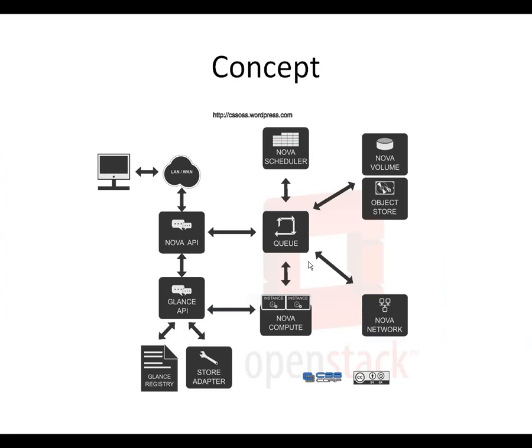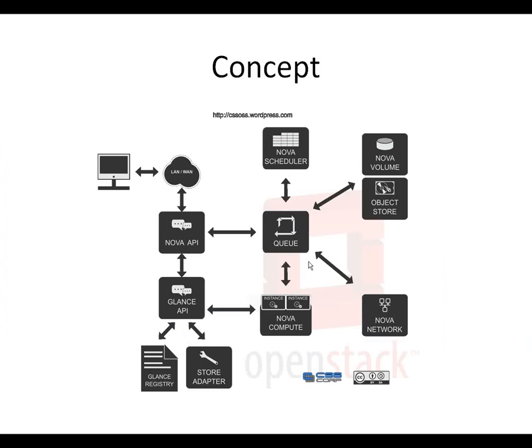So for example, I just need to spin up a VM. So it starts with a queue. Then the Nova scheduler will schedule. Where is the volume and where is the compute, and is there space to spin up my VM? Okay, the space is ready. Then it will ask the user which kind of image you need, image in the sense OS.